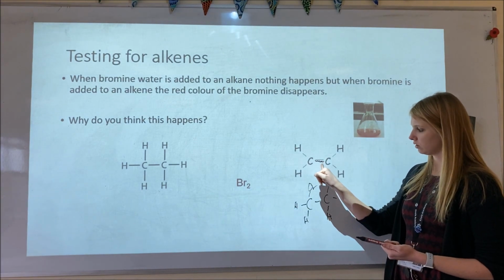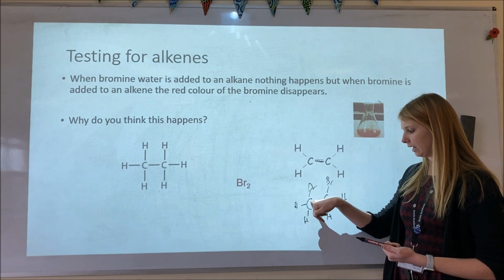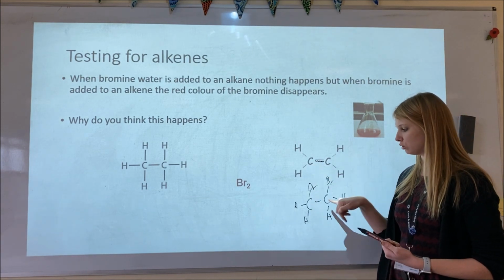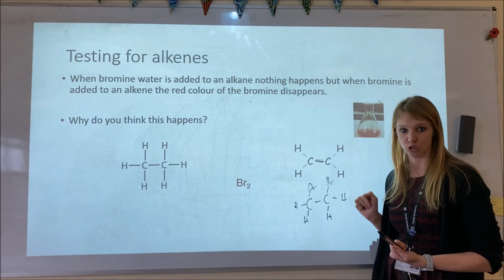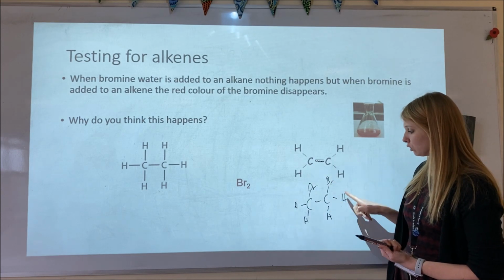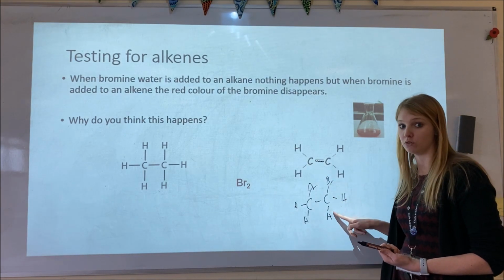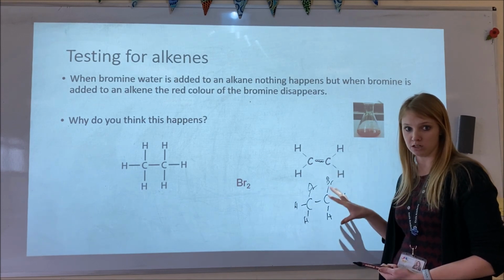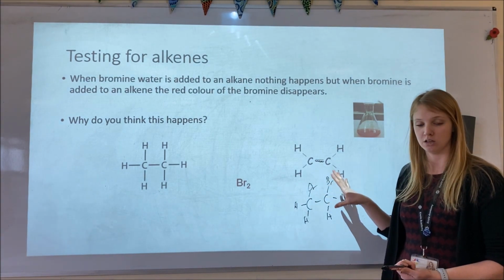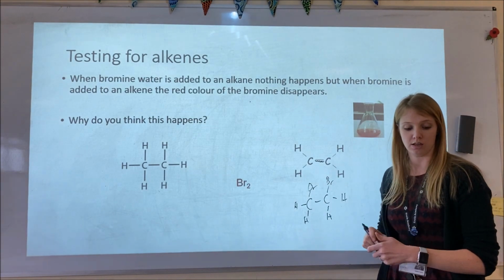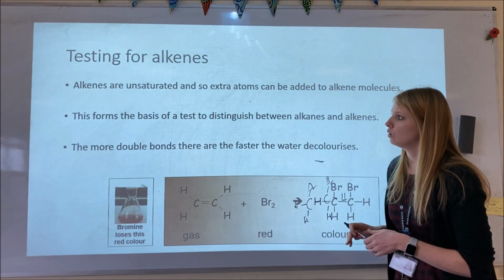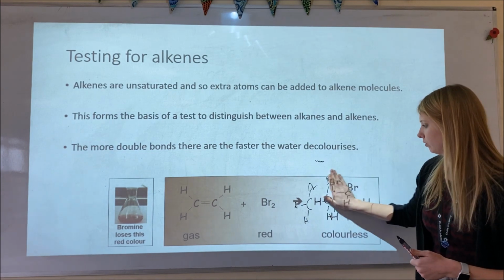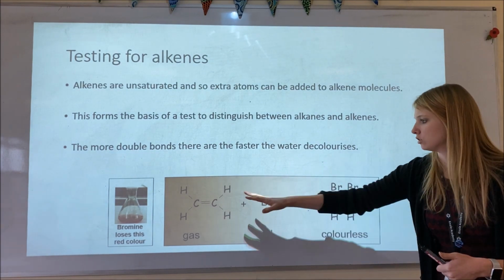All I've done is lose this double bond and allow each carbon to bond to one bromine atom each. In this form, because the bromine is now part of another molecule to become a compound, it loses its red colour and it becomes colourless. So that is why your bromine water can turn colourless with an alkene.